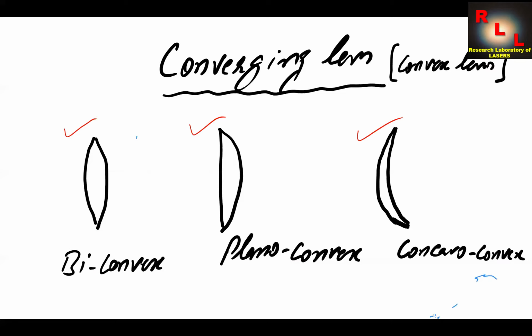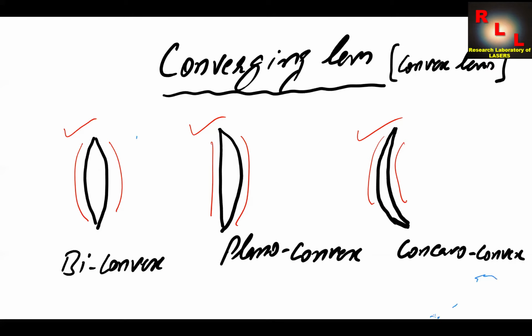Biconvex has both sides convex; plano-convex has one side plane, one side convex. In concavo-convex, one side is concave and one side is convex, so that is why it's called concavo-convex. These different types of converging lenses have applications, but here we are not discussing them.